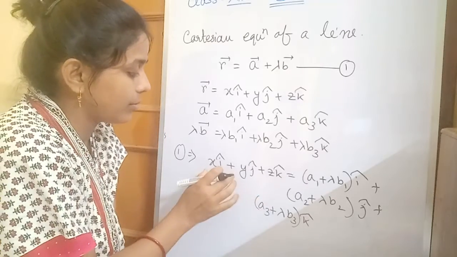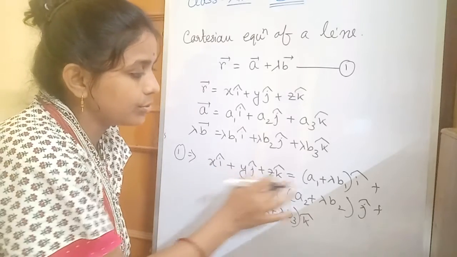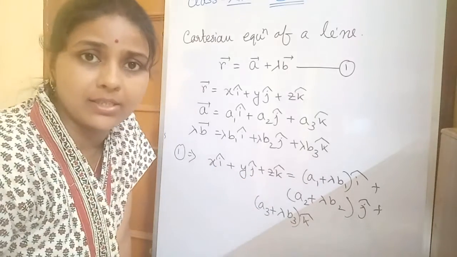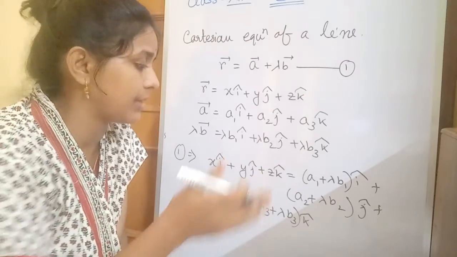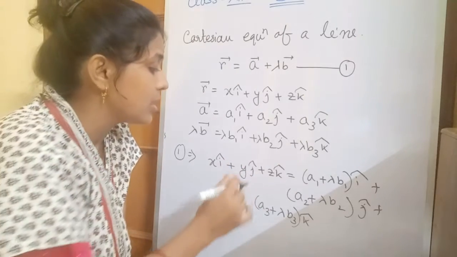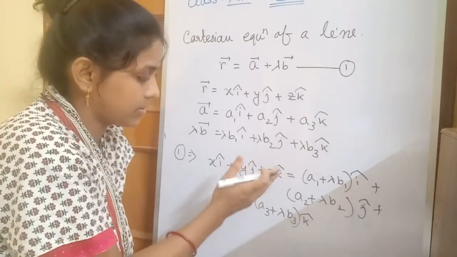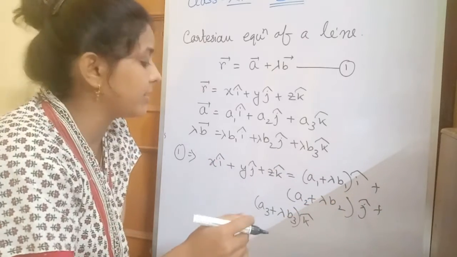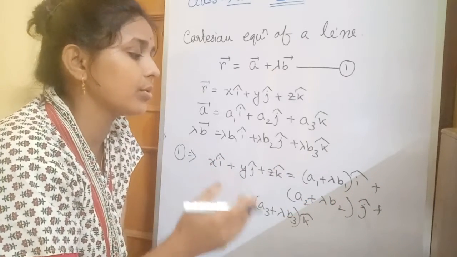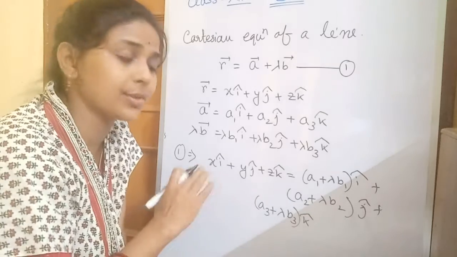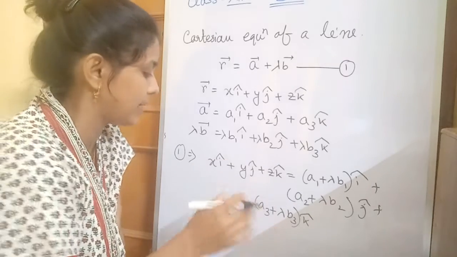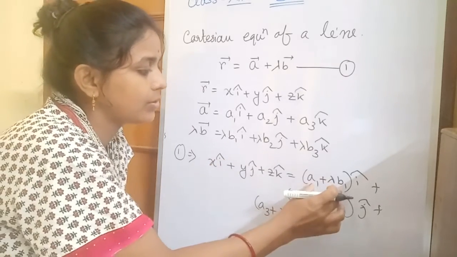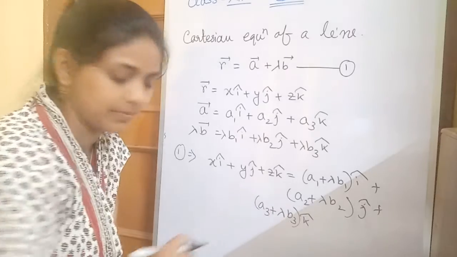So we have got two equal vectors, and you all know the definition of equal vectors. One is the left hand side and one is the right hand side. Equal vectors mean their corresponding components will always be the same. That means x will be equal to a1 plus lambda b1.